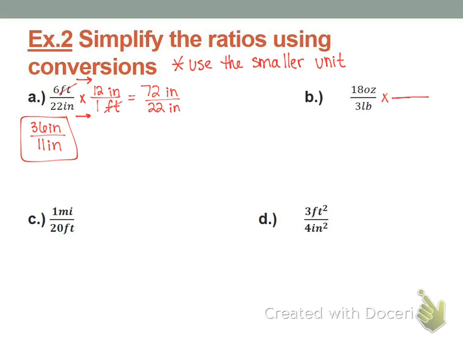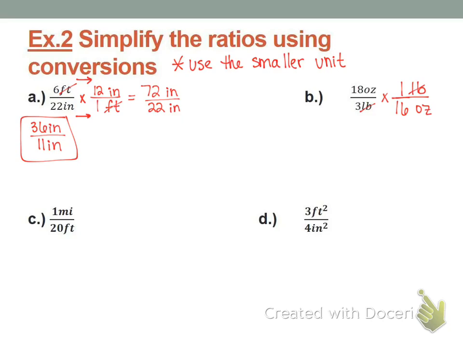Careful, what went on top? What should have gone on top? 1 pound should go on top. We need the pounds to cancel each other out. So remember, 1 on top, 1 on bottom is how we'll get those to cancel each other out. And in 1 pound we have 16 ounces.